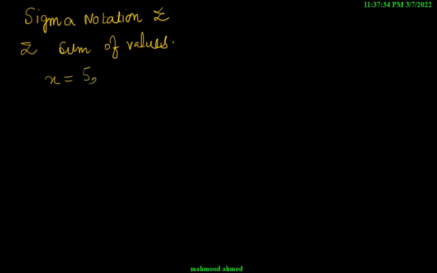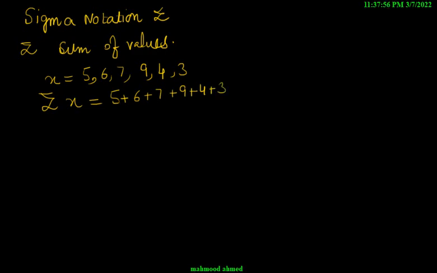Like if we have x equal to 5, 6, 7, 9, 4, 3, then sigma x means that we add 5 plus 6 plus 7 plus 9 plus 4 plus 3. 5 plus 6 is 11, 18, 27, 31, 34.